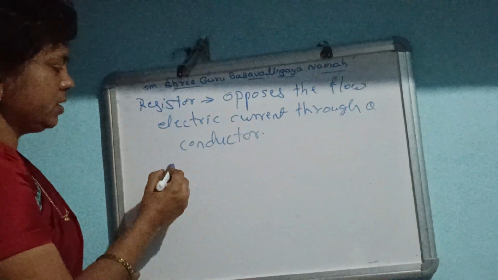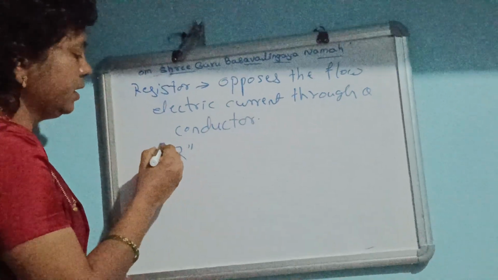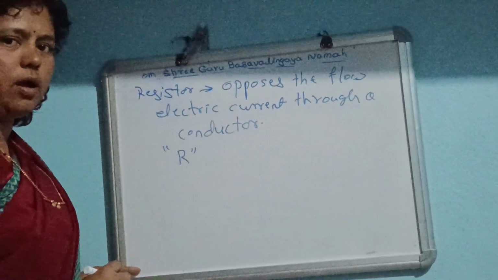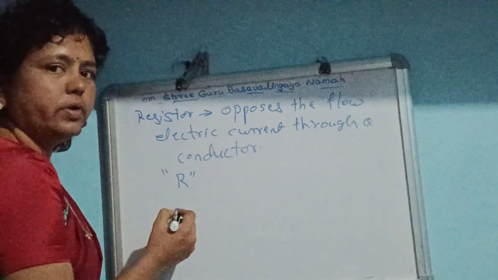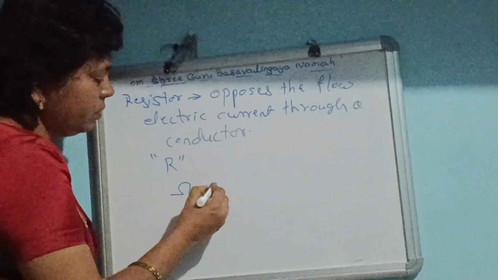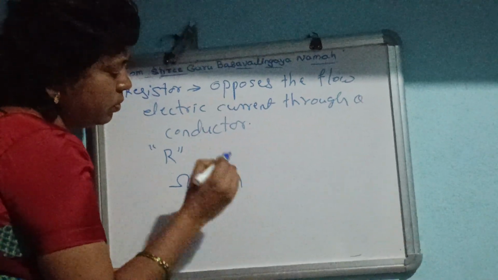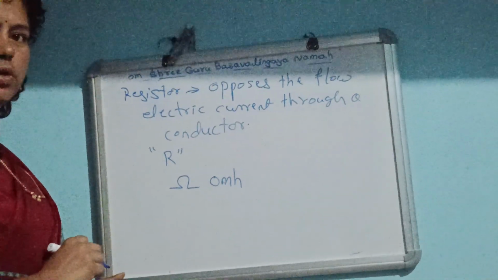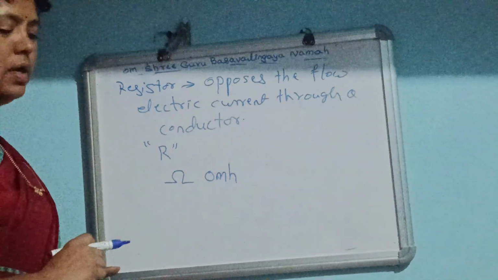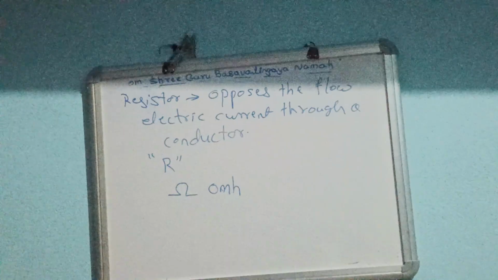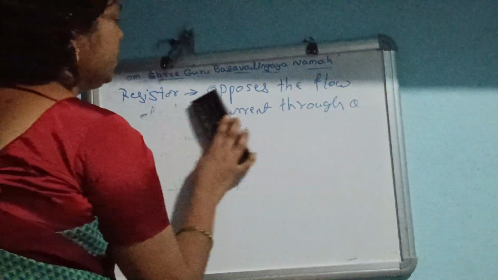Resistance is represented by the English capital letter R, and the SI unit of resistance is the ohm.